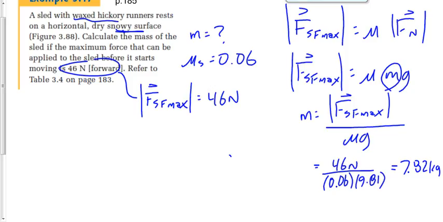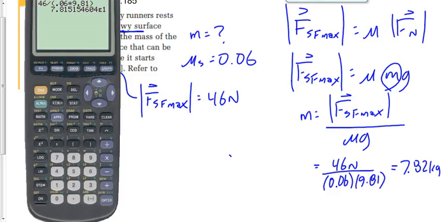Is that right, 782? Seems high. It is high. No. Yeah, I guess that's right. 78.2 kilograms. How many digits should it be rounded to?